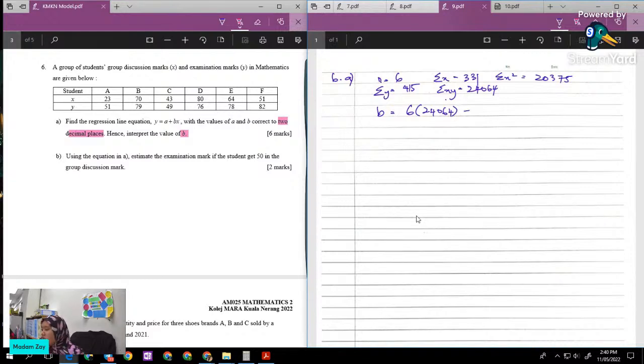Minus, summation of X 331 multiply summation of Y 415. Bahagi dengan N darab summation of X square 20375 tolak summation of X 331 square.